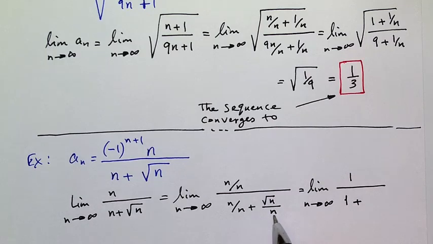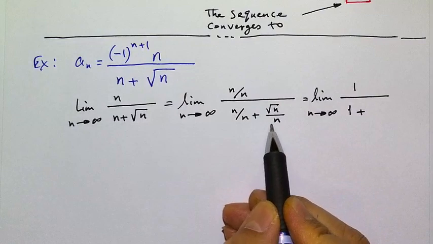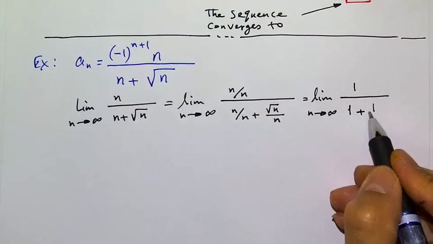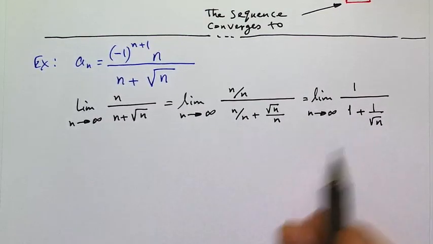Because n is square root of n times square root of n, this piece in the denominator. One of those square root of n cancels with that. We end up with 1 over square root of n in here.